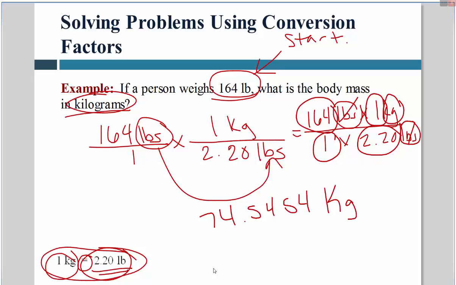Now the very last step is to look at the significant figures. The conversion factor does not count when you're looking at significant figures. What you want to look at is that first starting number. 164 has 3 sig figs in there. That means we're going to have 3 in the answer. So it comes down to 74.5 kilograms.